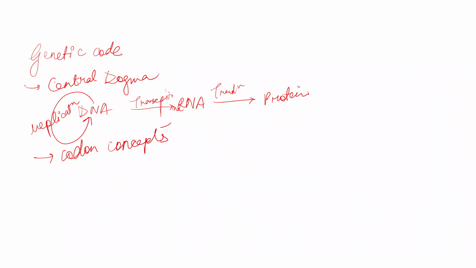So for example, one combination means you have to code for lysine, and if you change a letter then it will code for isoleucine. So we understood how changing the letters changes what it codes.